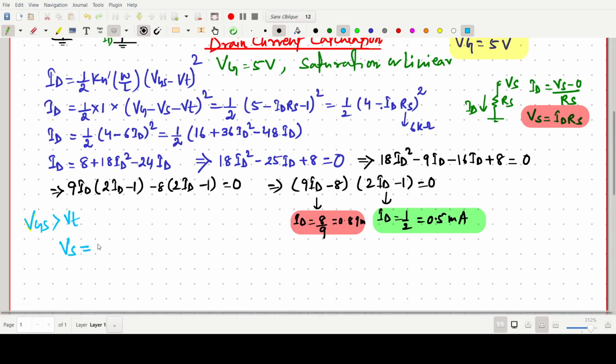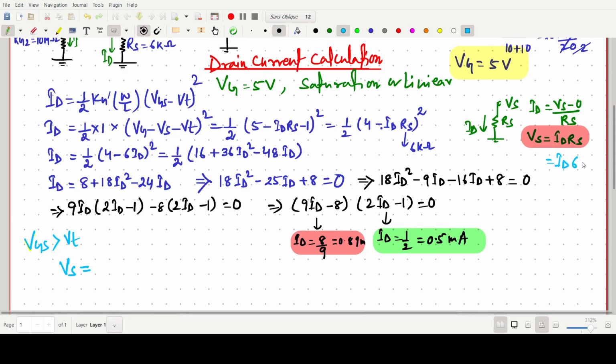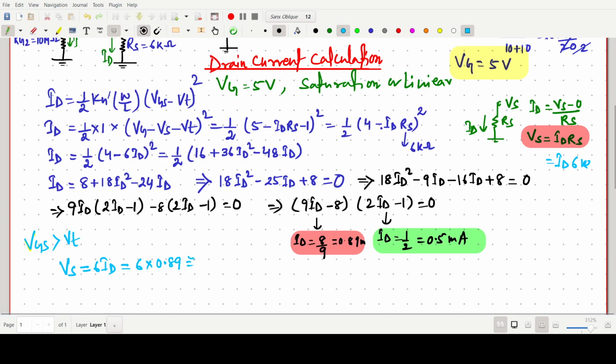Vs equals simply ID times Rs, that is 6 kilo, and milli will be there, so simply 6 ID. When we take the ID value as 8 by 9, 0.89, 6 into 0.89 will come nearly 5.34 volt.